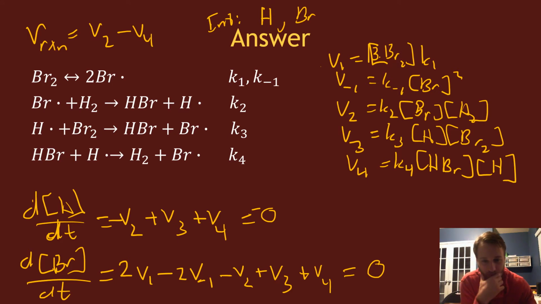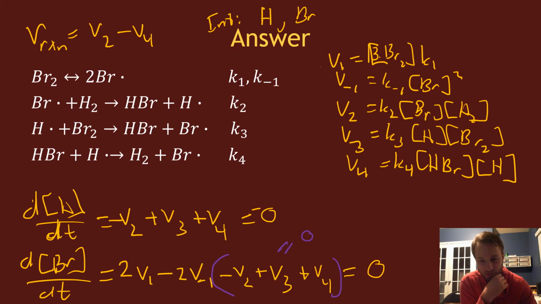Well, that's minus V2 plus V3 plus V4 equals 0. Well, that is what I have right here. So this chunk of stuff right here equals 0. Which then tells me that 2V1 minus 2V minus 1 has to equal 0.